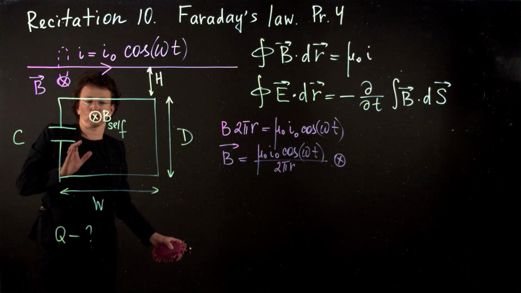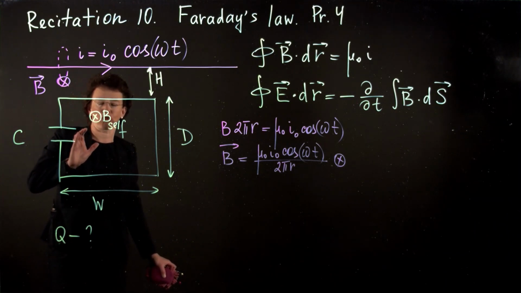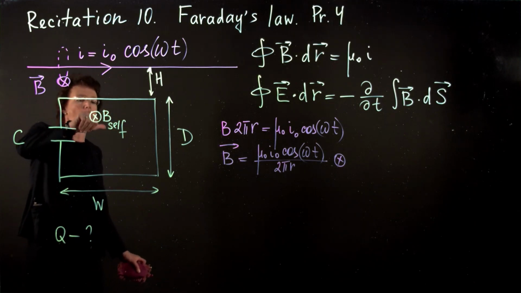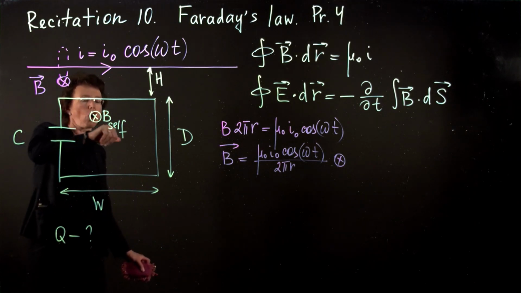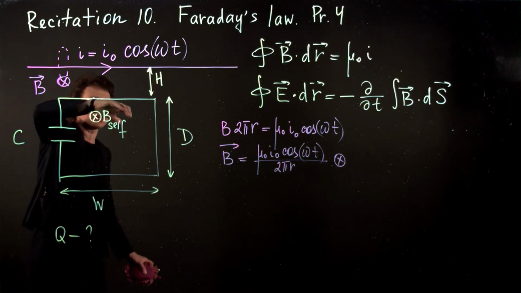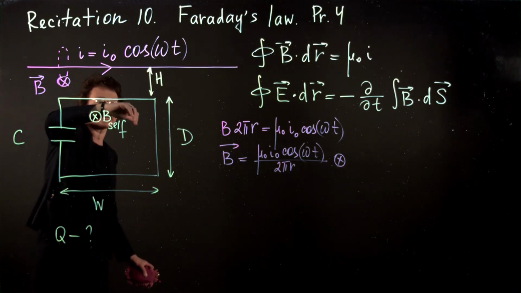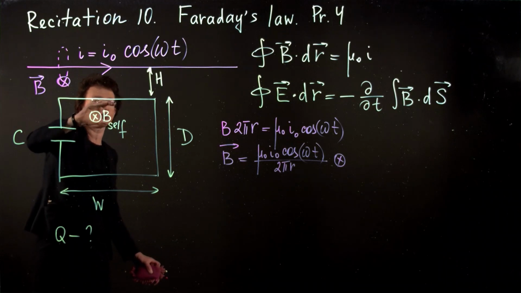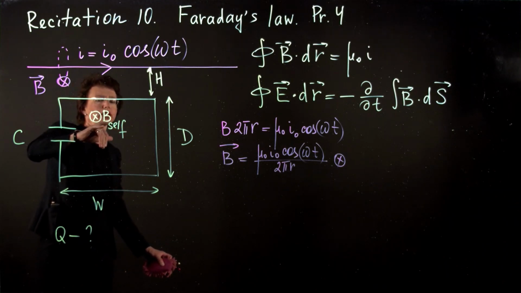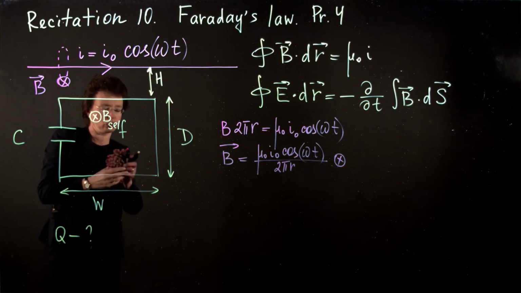we need to use the right hand to find the direction of current. If B self is into the page, I put my thumb along the direction of B, I bend my fingers, and we see that the direction of current has to be clockwise to satisfy this requirement that B self is into the page.